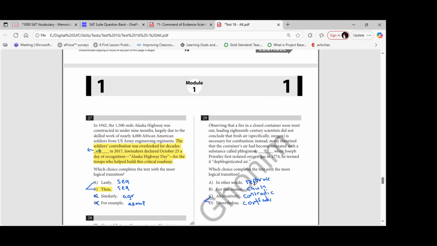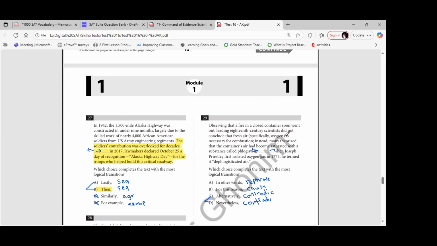Okay, a sentence before and a sentence after. As you can find here, the sentence starts from the beginning. Observing that a fire in a closed container soon went out. Yeah, we know that. When you close a container, the oxygen will finish, so the fire will go out. Leading 18th century scientists didn't conclude that fresh air, specifically oxygen, is necessary for combustion.